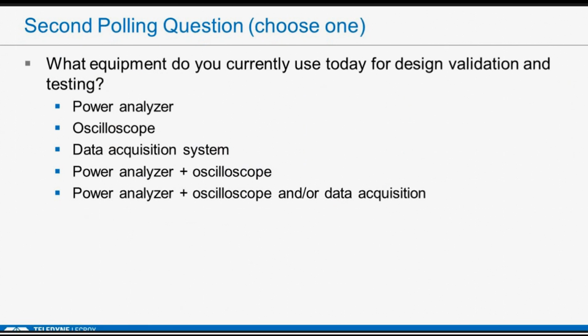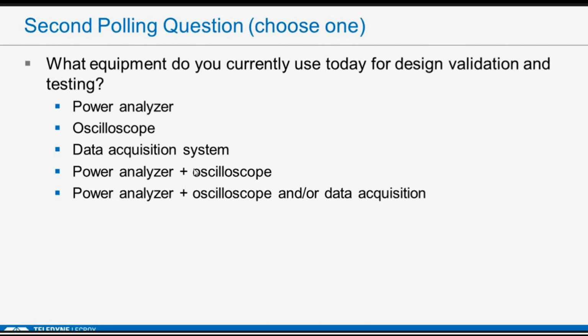Okay, we'll pause for our second polling question. I'd like you to answer, what type of equipment do you currently use today for design, validation, and testing? So we've talked about almost all these kinds of solutions, a power analyzer, an oscilloscope of any kind, a data acquisition system, which would be something kind of in between these two things, perhaps something that has very low bandwidth but long capture time, maybe more than 4 channels on a scope, very low sample rate.